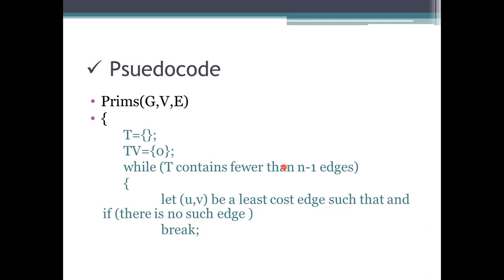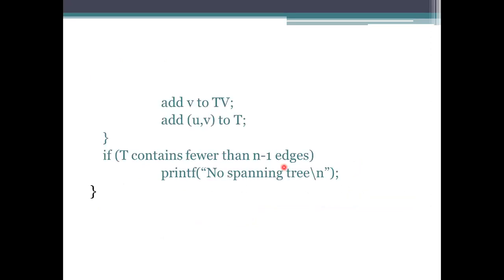Means if you have reached the end point, or if cycles are forming, you stop there itself. You will specify it as a spanning tree. If not, the vertex V will be added to the tree's vertices, and the edge between U and V, where U is the source taken and V is the newly added one, will be added to the tree.